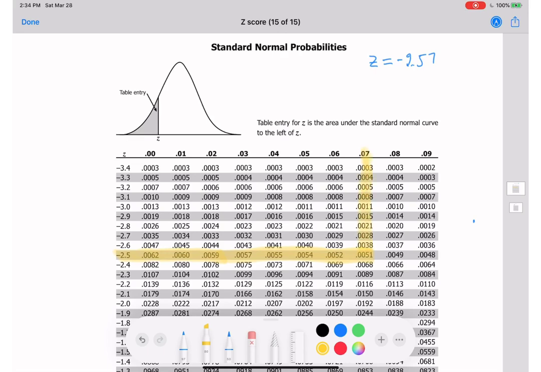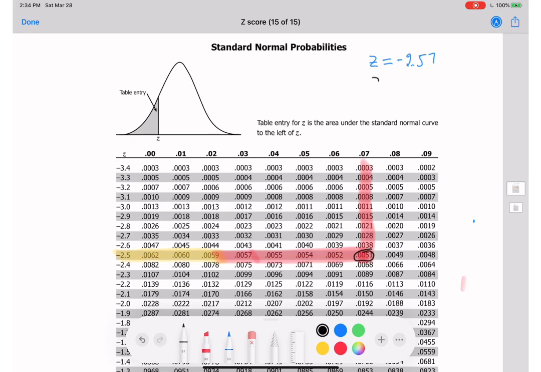So our number is gonna be, oops, that's not what I meant, hold on. Okay, one more time. Well, okay, let it be red. 57 here, 57 here, and our number is 0.0051.